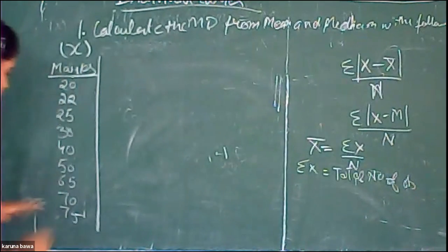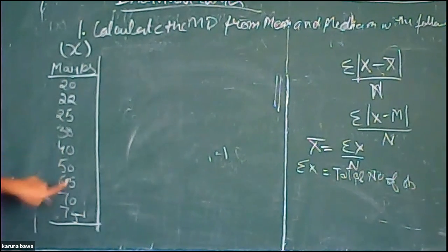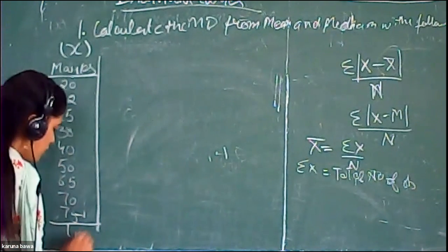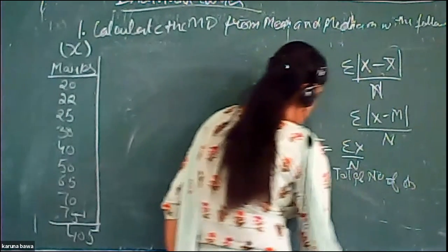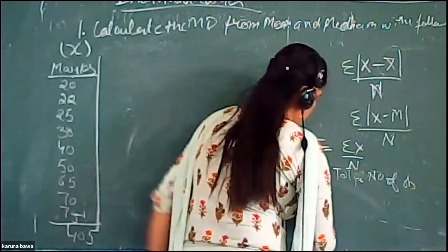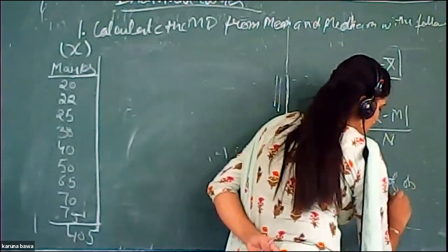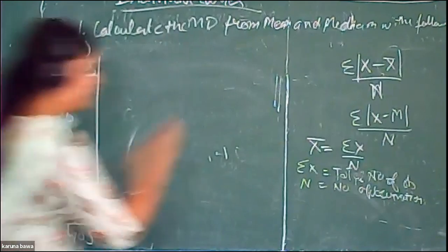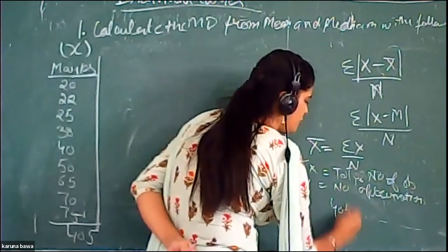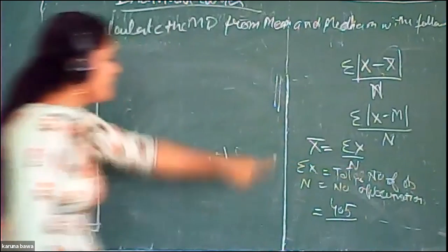Total of the values 20, 22, 25, 38, 40, 50, 65, 70 and 75 is 405. So summation x is 405. Now n is the number of observations.